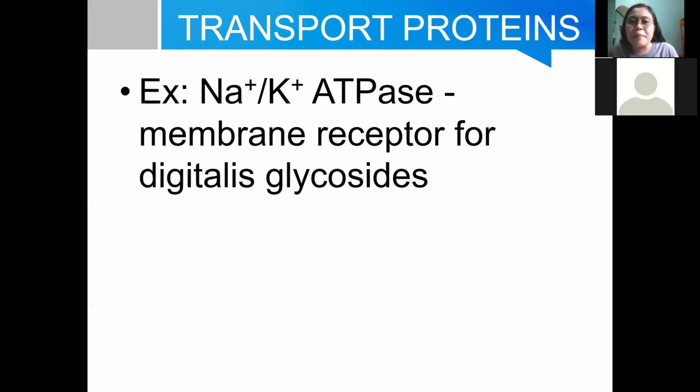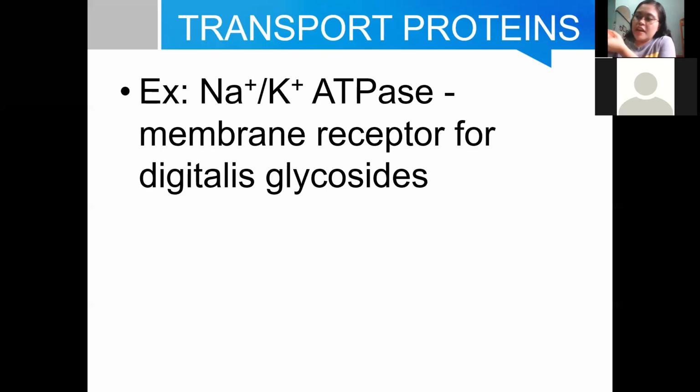An example here is the sodium potassium ATPase. Remember, class, this is a board exam question. Though its name ends in -ase, it is not an enzyme. Again, sodium potassium ATPase is not an enzyme. It's a transport protein, or a pump.